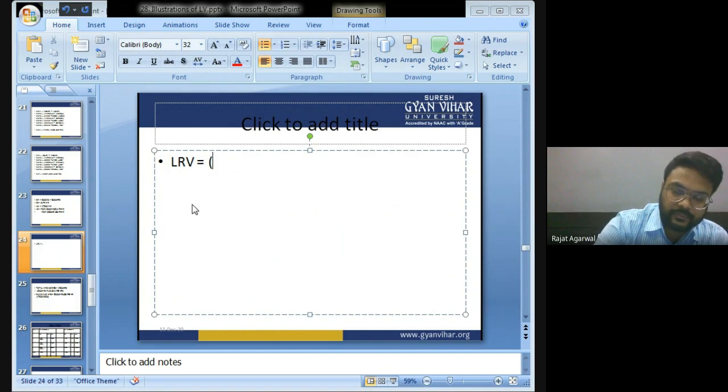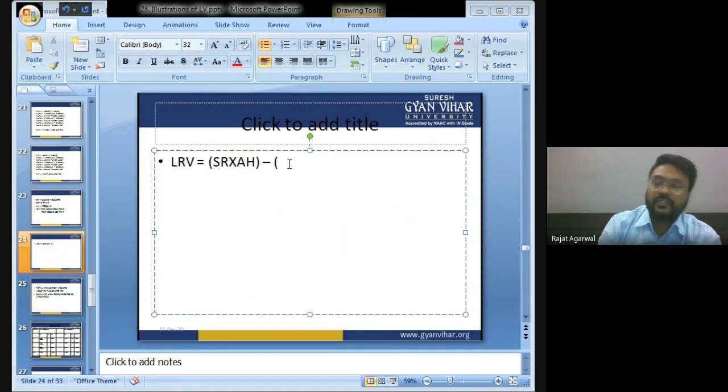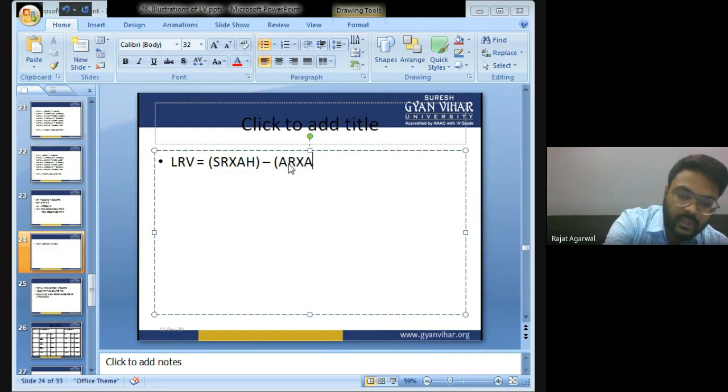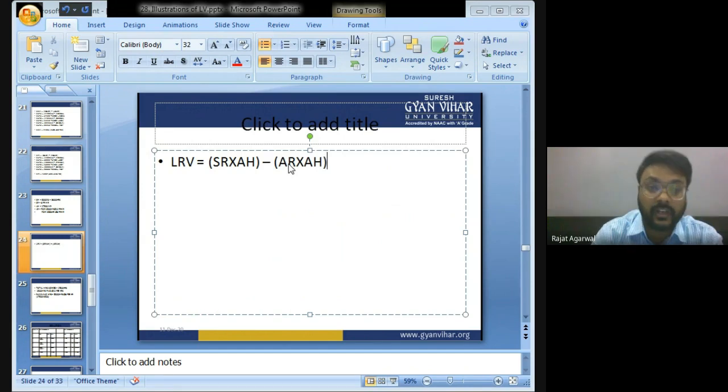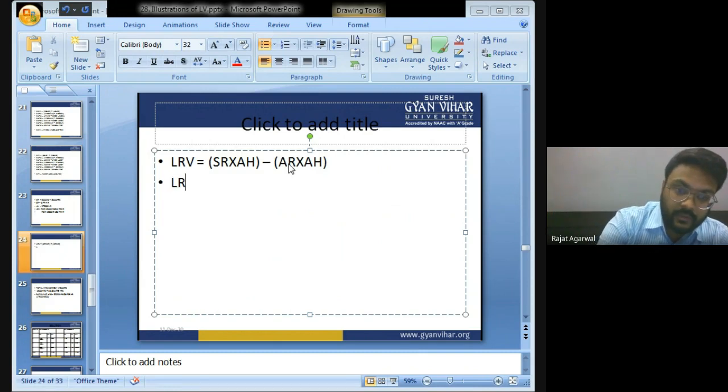The formula is standard rate into actual hour minus actual rate into actual hour.